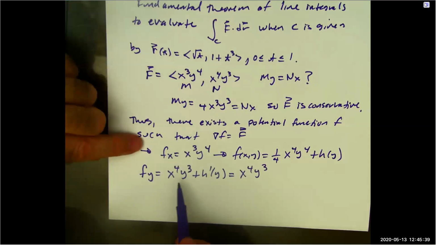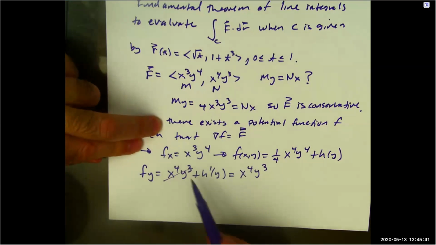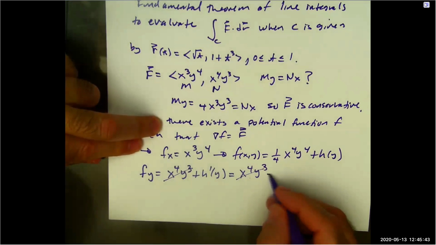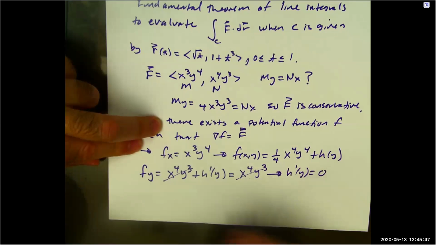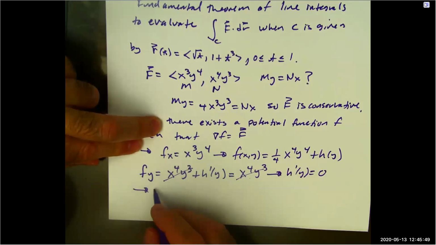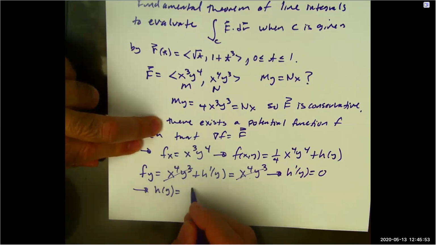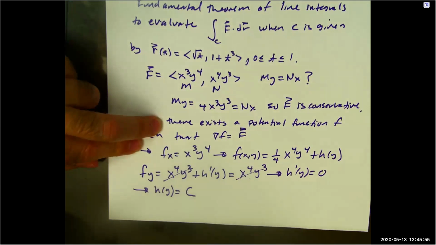So these are going to cancel. I can just subtract those. And that means that h prime of y is equal to 0. So that means that h of y is just equal to some constant c. And for simplicity, I'm just going to take c equal to 0.